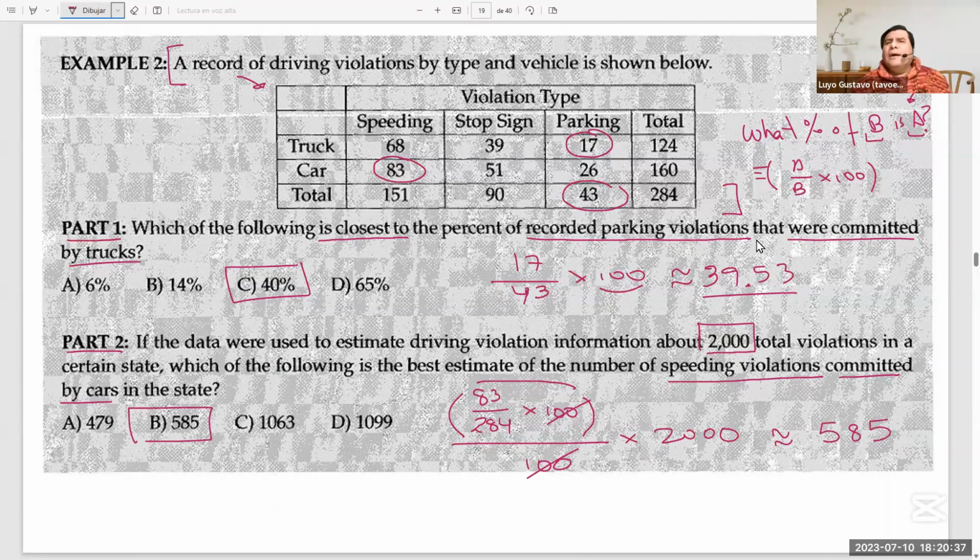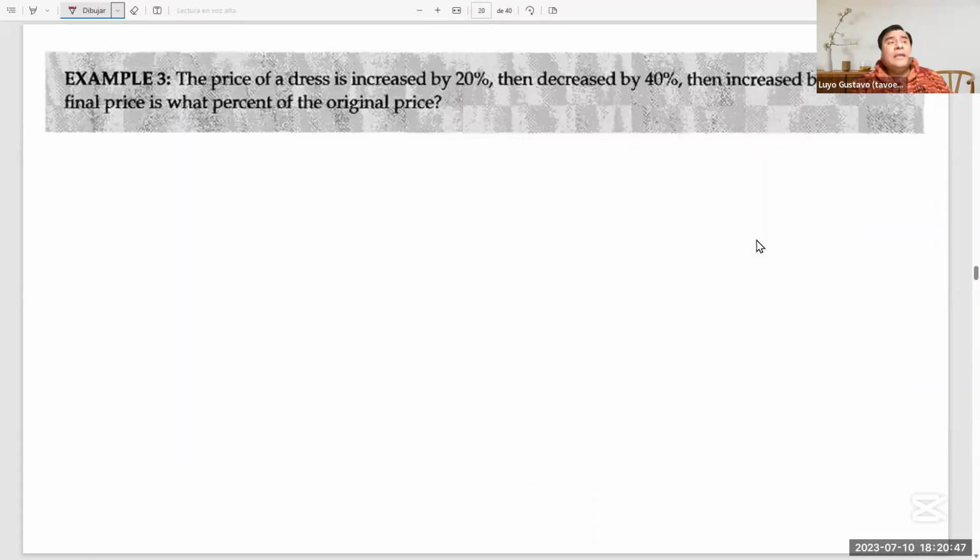Well then, percent questions in the SAT can have other variations. There is an interesting type of question that you may see. For example, this one. Take a look. The price of a dress is increased by 20%, then decreased by 40%, then increased by 25%. The final price is what percent of the original price?